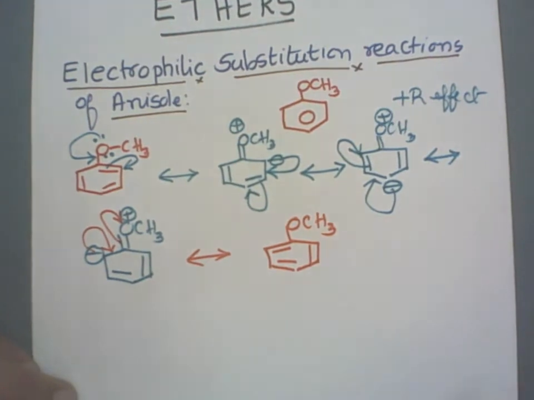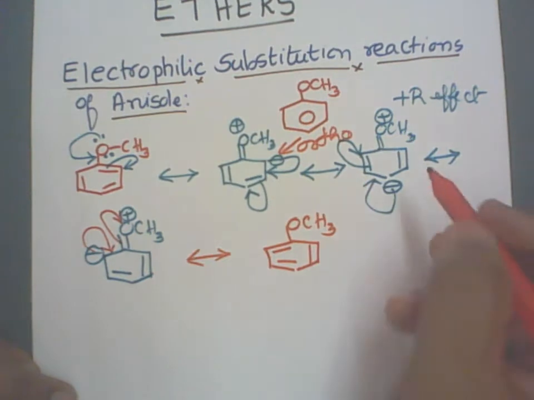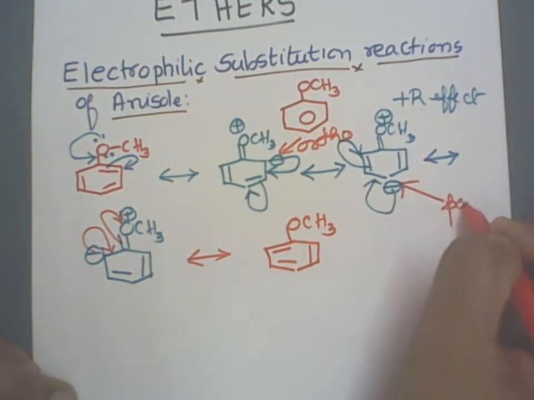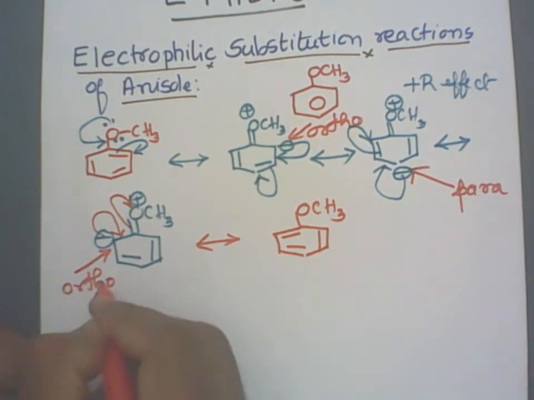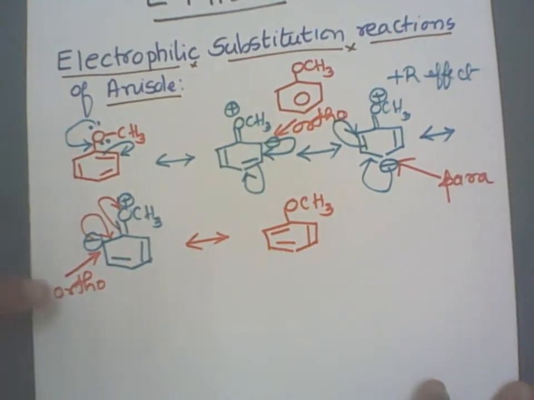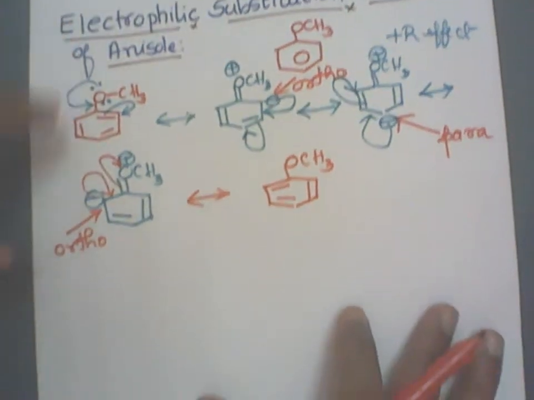Now see, in all these cases, there is a negative charge on the ortho position, on the para position, and also on the other ortho position. Therefore, the negatively charged benzene at ortho and para easily takes up the electrophile. Electrophiles are positively charged.